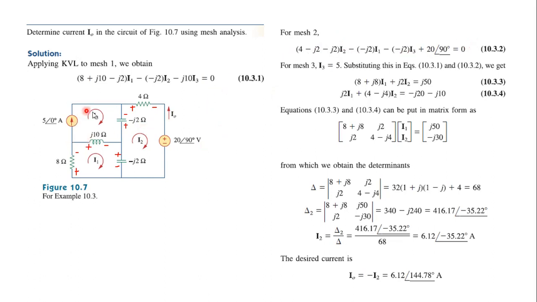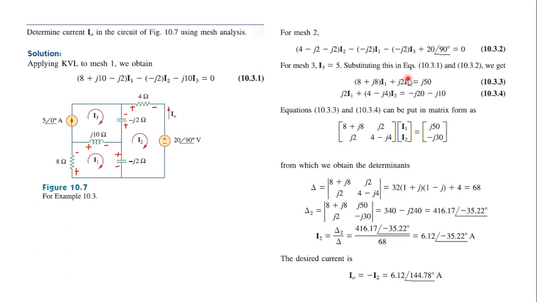Now we move on to mesh 3. We have a current source here with the value of 5 amperes, so current I3 is equal to 5 amperes directly. From mesh 3 we can write I3 equals 5. Substitute I3 equals 5 in these two equations and simplify. Here we have two equations with two unknowns, I1 and I2.